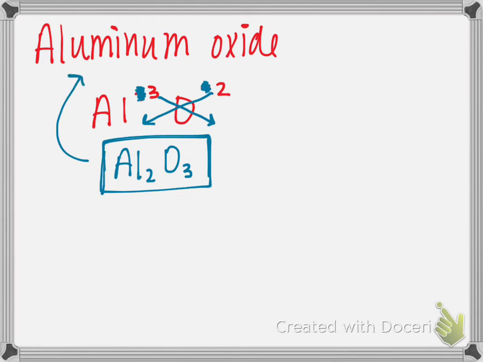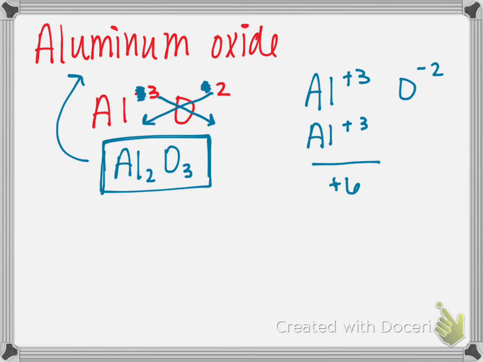Okay, if I wanted to check that with my charges, aluminum is +3, oxide is -2. So the way we get these to balance is I can't really see right off the bat which one I need to add to. So I'm just going to pick one, right? If I go to adding an aluminum, that now gets me to a total of +6 on this side. But over here, I'm still at -2 because I've got 2 aluminums that add up to +6 and 1 oxide that adds up to -2.